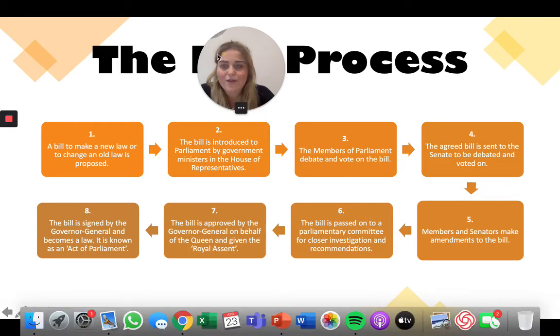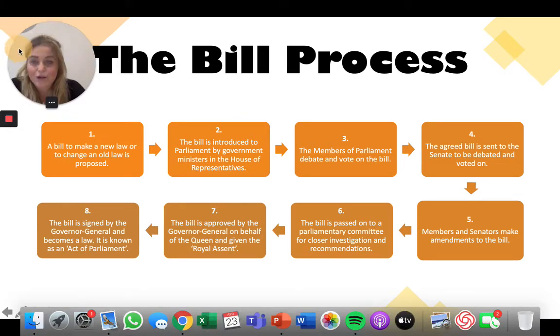So we have the bill process. The process to making a new law or a new rule or changing a law, there is quite a process. There's 8 steps. So the first one, a bill to make a new law or to change an old law is proposed. So someone suggests it. The bill is then introduced into Parliament by the government ministers in the House of Representatives.